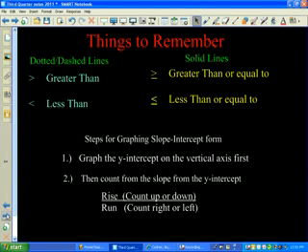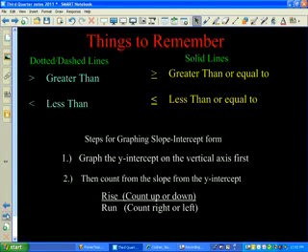And the second piece that's listed here is the steps on how to graph. So first things first, our equation, or in our case right now, our inequality, has to be in that slope-intercept form. So in order for you to graph, the first thing you do, you're graphing your y-intercept on that vertical axis, hence the y-axis.